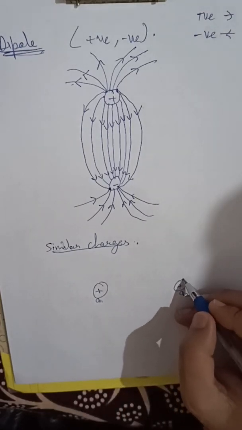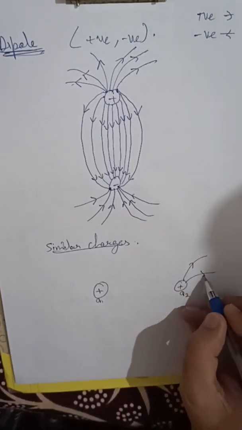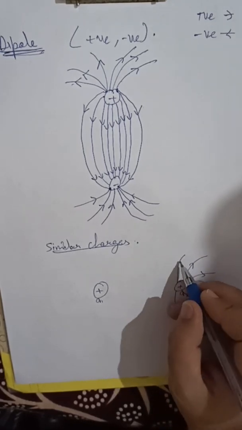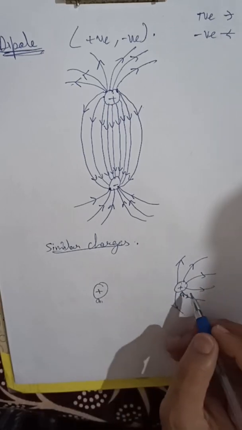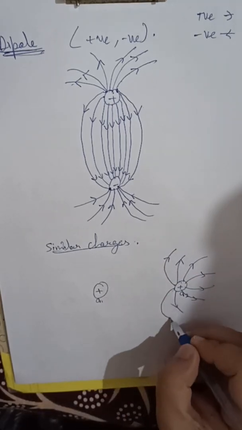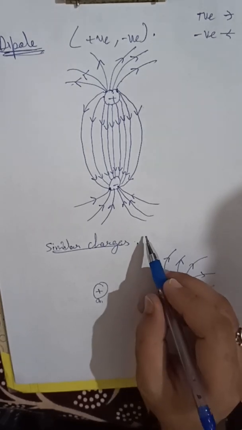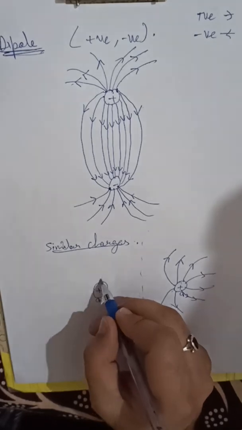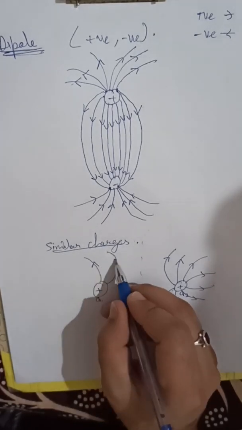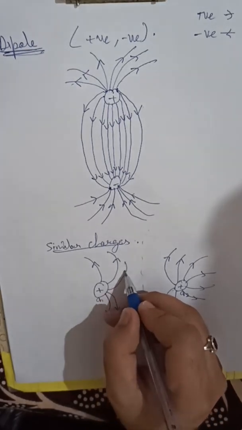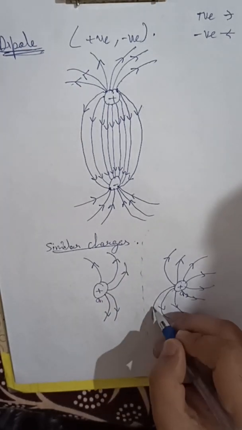Of course, the lines will be outwards for both, but as we know, like charges repel each other, therefore the lines will bend this way. You will see electric lines of forces bend towards the other direction, opposite direction.